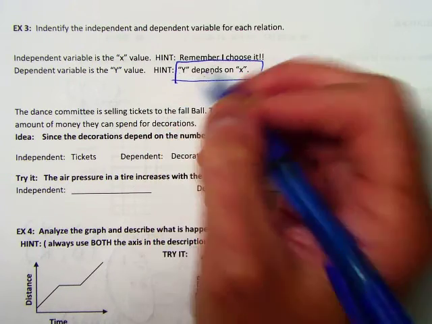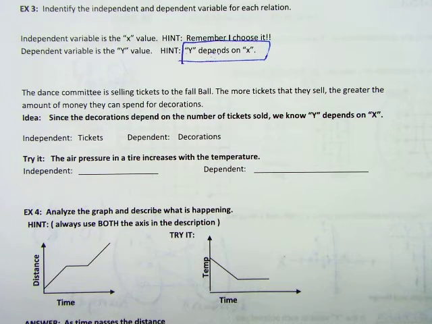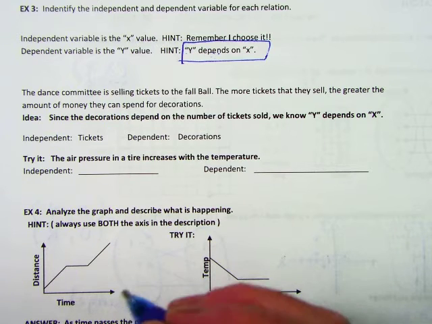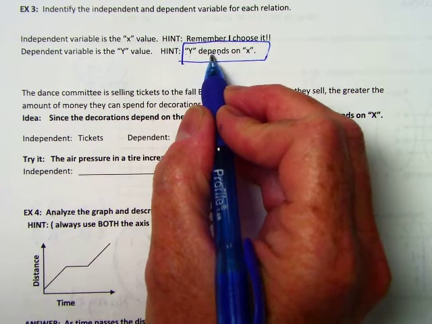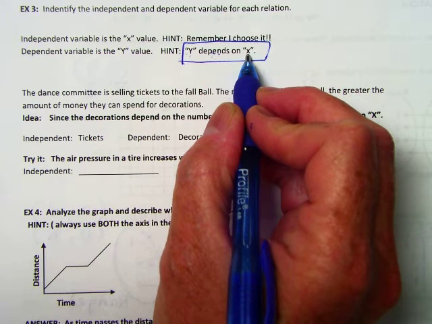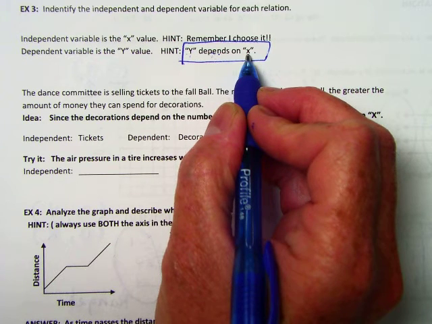Okay? So look at this example here. The dance committee is going to sell some tickets to the ball. The more tickets that they sell, the more money they will be able to spend for decorations. Please determine which one is dependent and independent. So I'm going to go, okay, do the number of tickets depend on the decorations? Think about it.